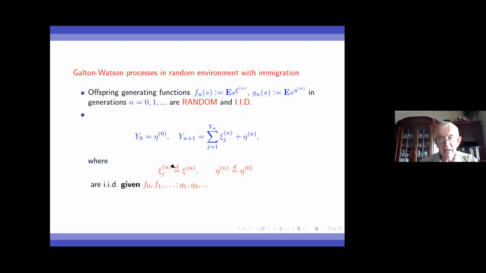The difference is that the numbers of individuals produced by the respective particles are now IID, but they depend on n, and the number of immigrants is also IID but depends on n. However, we are given the realization of the environment, the sequence F0, F1, and so on, G1, G2, and so on, which is called a random environment.